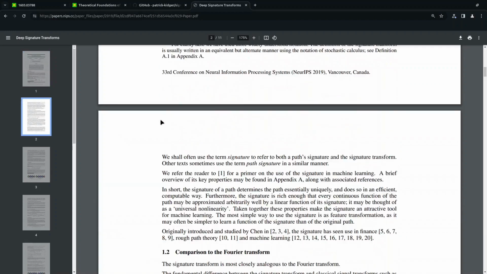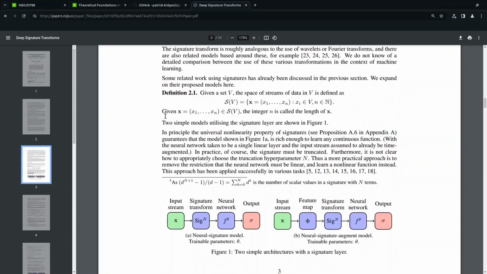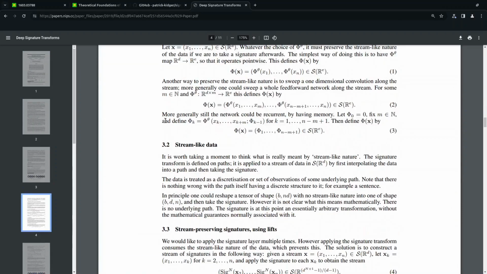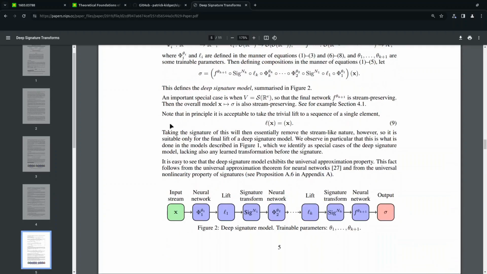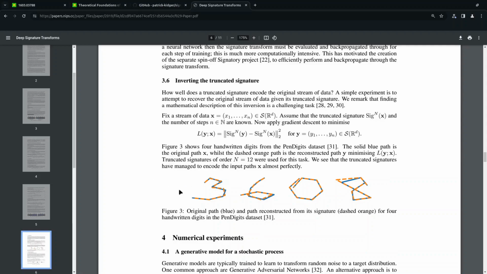In this paper they show how you can go from the signature transform to recover the path, as a small example. Here, for example, they had paths describing digits, and they computed the signature and then used the signature to recover the paths, and that works pretty well. So it seems to be trivially an embedding.